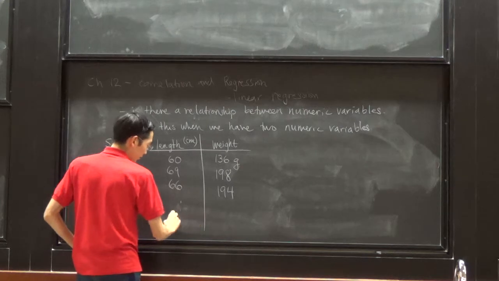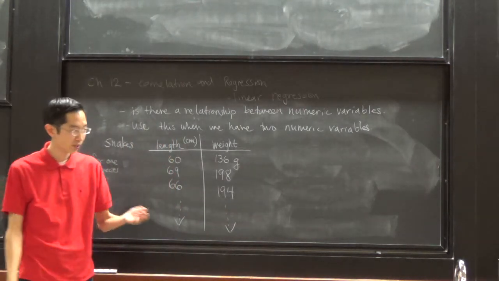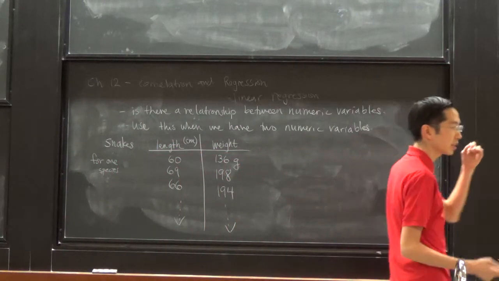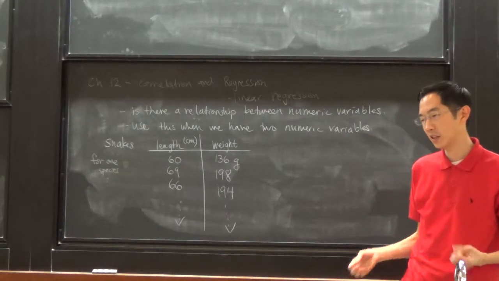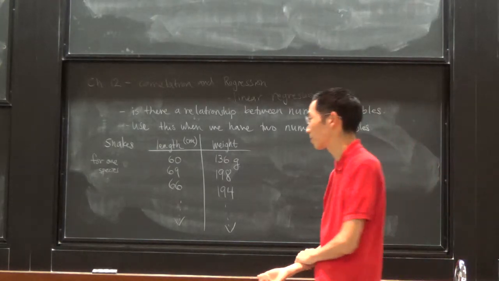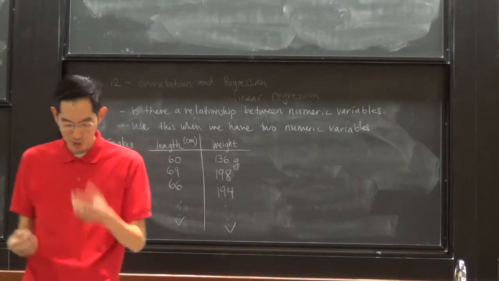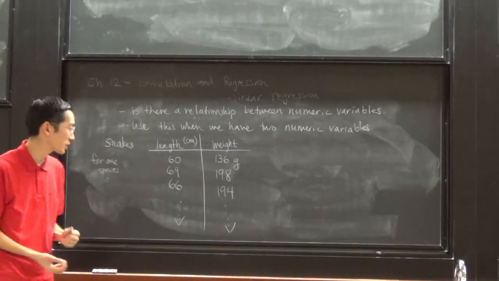And so on and so forth. We'll collect more and more data. All we want to know, is there a relationship between the length of the snake and the weight of the snake? Okay. And so if you just picture how snakes are in your mind, maybe you don't like snakes, so I apologize for making you picture this.